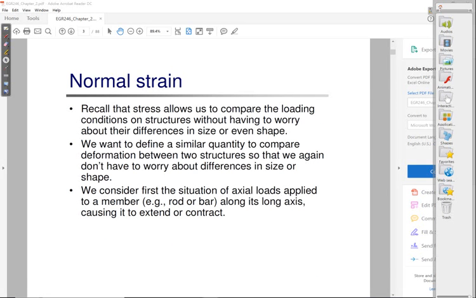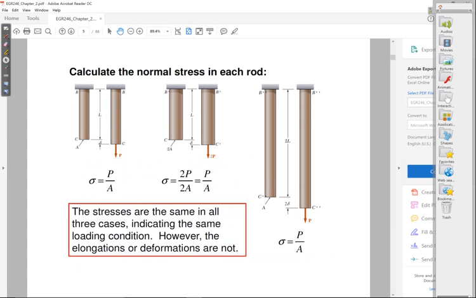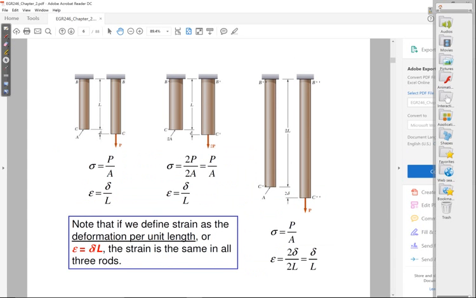People have found, in the earliest days when this subject was first being developed, that if you take the total elongation, or the total deflection, as we call it, that's this Greek letter delta, and you divide that deformation by the original length, okay, then you do end up with a description of deformation that makes things comparable.